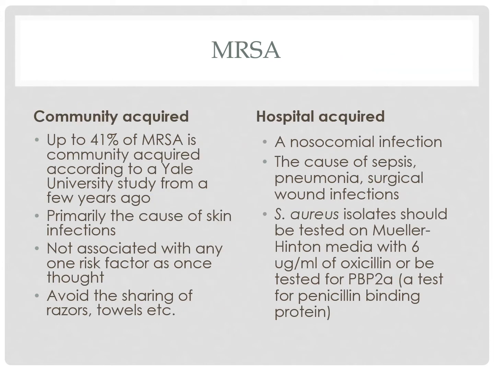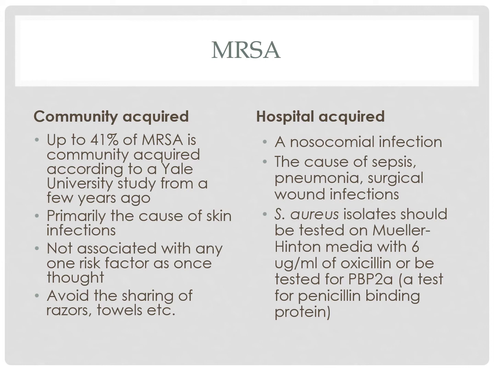There are 2 types of MRSA that can be isolated. One is called community-acquired MRSA, and one is called hospital-acquired MRSA. About 14% of all hospital patients will develop a nosocomial infection of MRSA. Up to 41% of MRSAs in the community are community acquired, according to a Yale University study from a few years ago.